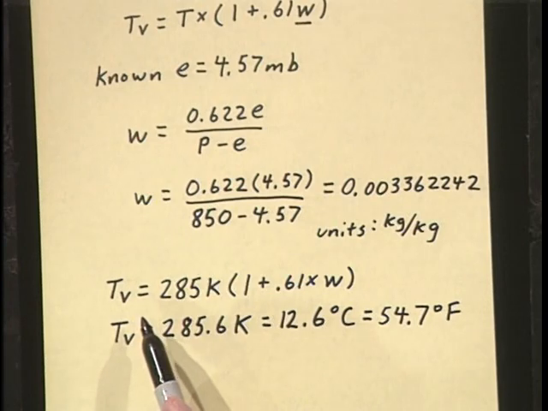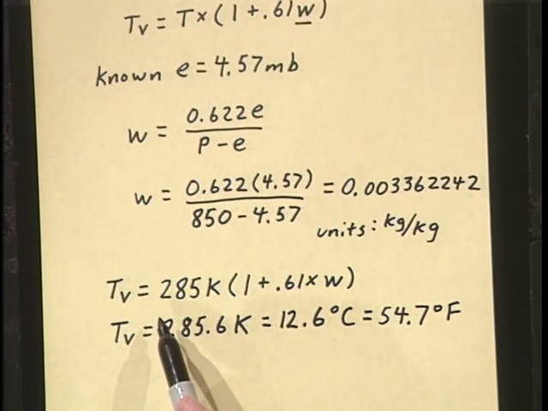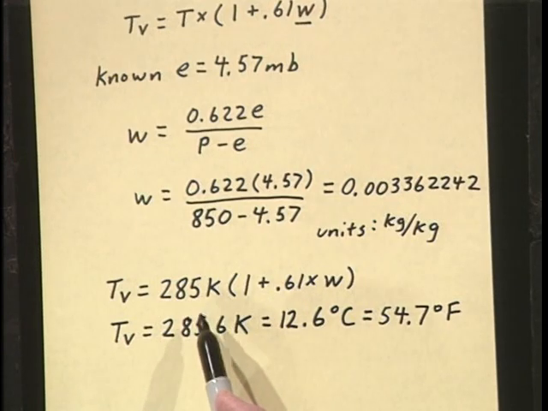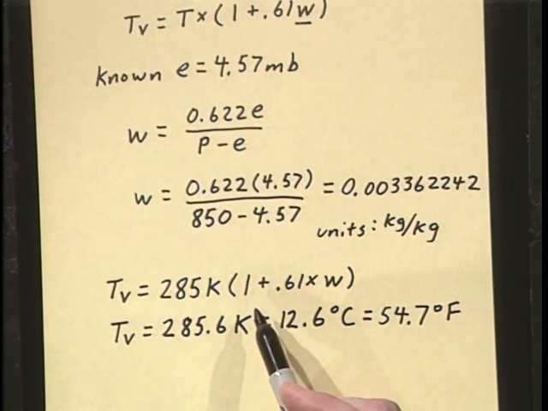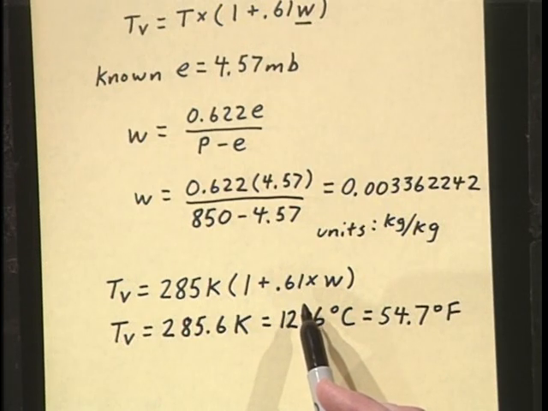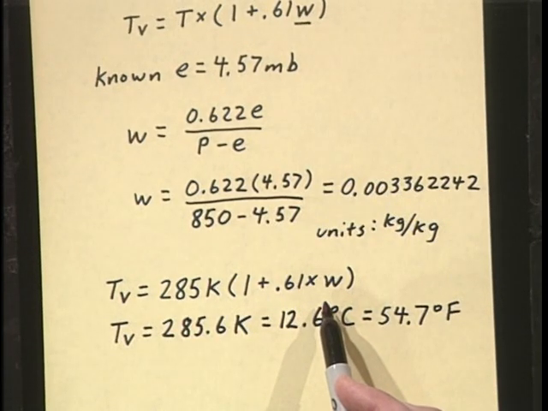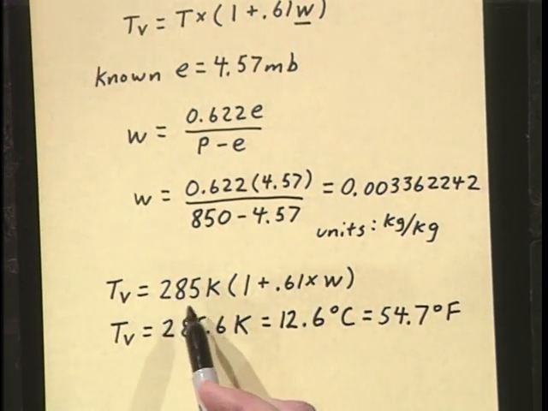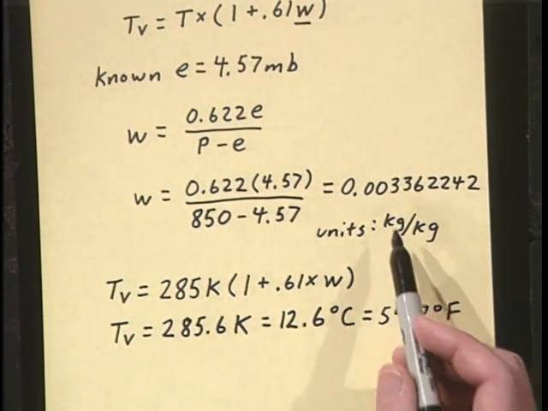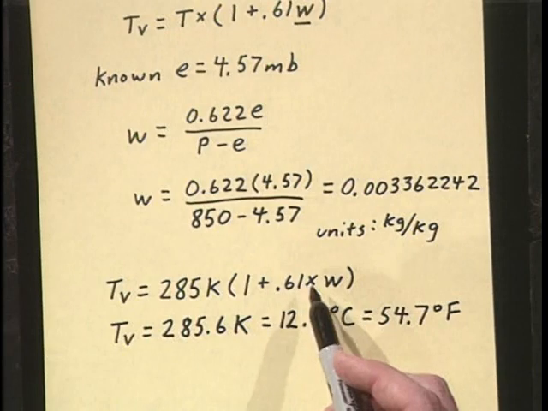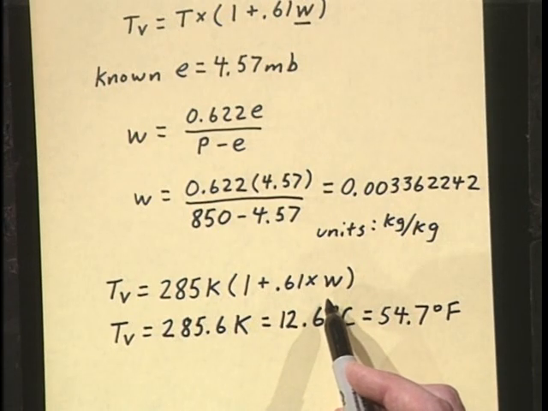So we have the virtual temperature is equal to 285 Kelvin, and then we multiply that by the 1 plus 0.61 W. So this is the temperature of that air in Denver that we already determined previously, 285 Kelvin. And then we're going to put this mixing ratio value into the equation here and solve.